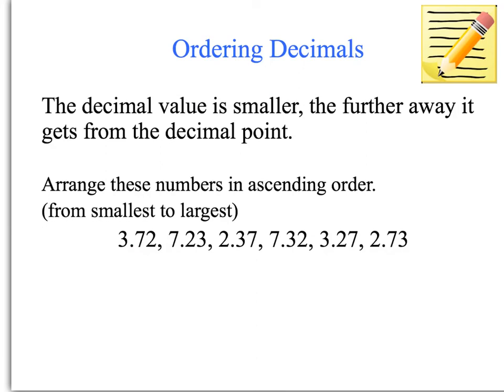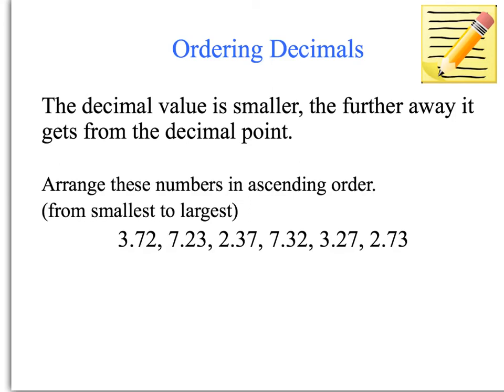All right, you will also be asked to order the decimals, so you need to place them in order. And in this case, the example I'm going to do with you, I want you to arrange them in ascending order. So that means from smallest to largest. So ascending means going up, and descending, because it's got a D at the front, it means going down. Now, you need to remember that the decimal value is smaller the further away it gets.